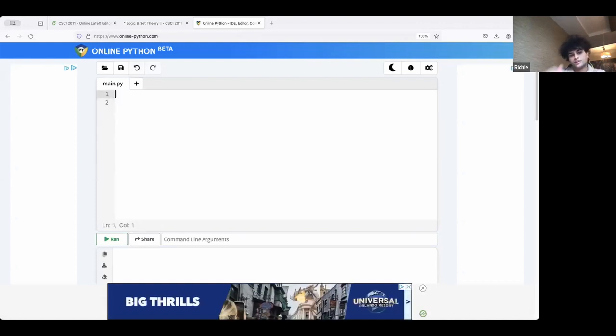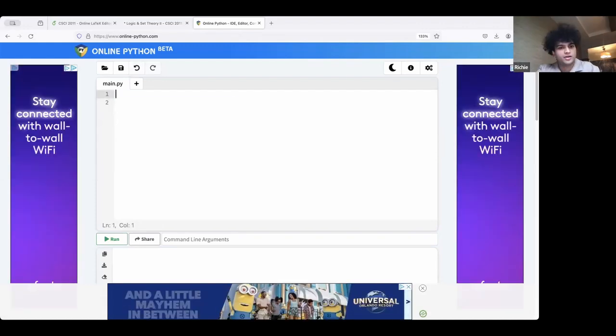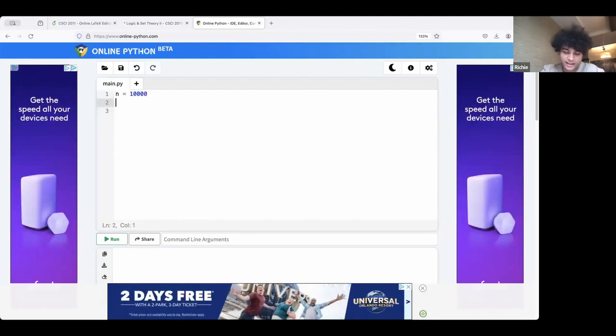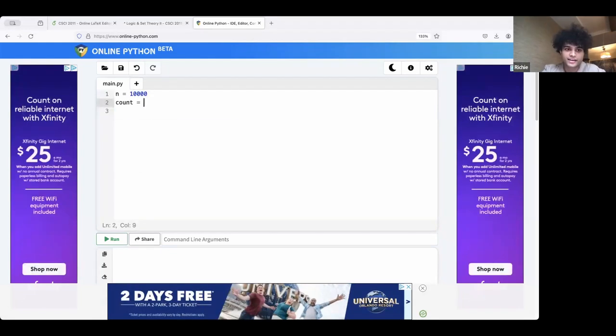All right, so I'm going to write the code the first way. Again, my integer n is 10,000. I'm keeping track of a count. Now I'm going through the numbers from 1 to n plus 1.